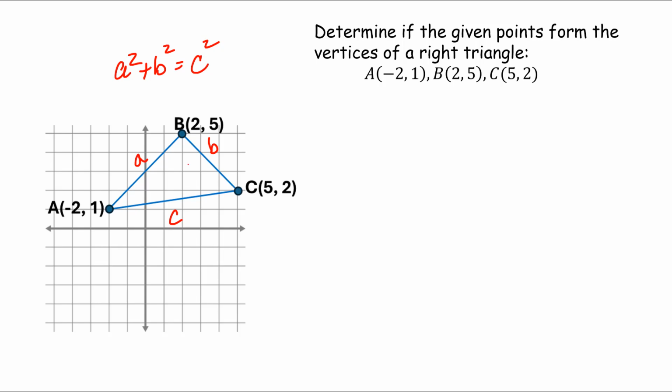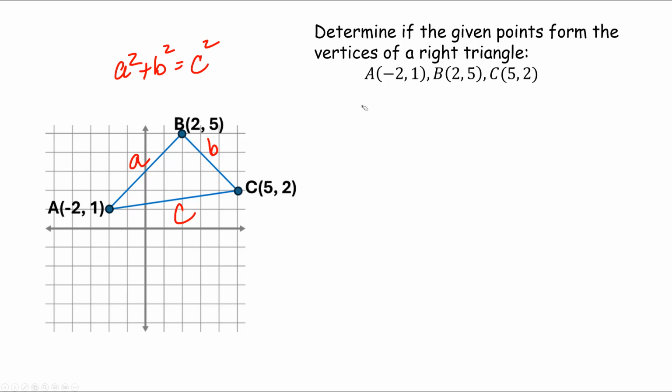If it does, we know this is a right triangle. To do that, we use the distance formula to find the distance between A and B, which will be the length of a, then the distance between B and C, which gives us the length of that other leg, and then the distance between A and C, which gives us the length of side c, which looks like it should be the hypotenuse. So we'll just do that real quick.